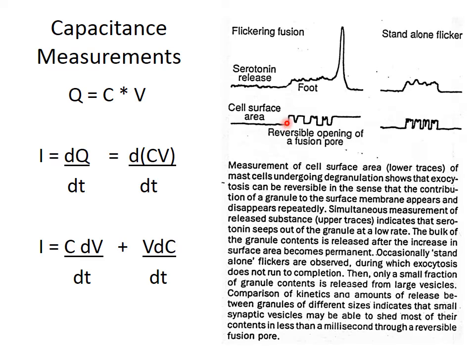These are not single channel openings, but these are rather the vesicles fusing with the plasma membrane and flickering in terms of their ability to stay open before finally staying open for a very long time. And the corresponding measurement of neurotransmitter release done with a carbon fiber electrode, one sees a little trickle of neurotransmitter release, followed by a large bolus of neurotransmitter release once the fusion of the vesicle takes place and the vesicle is fully open.